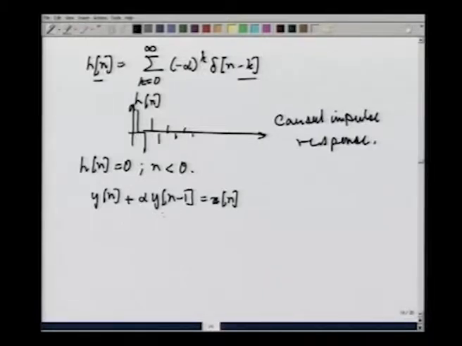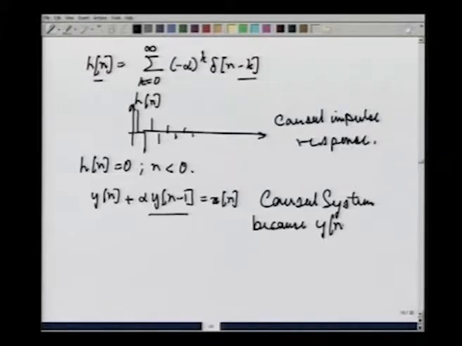Since you have y[n-1] over here, clearly this must be a causal system. But I will put a question mark on this. Is this really true?